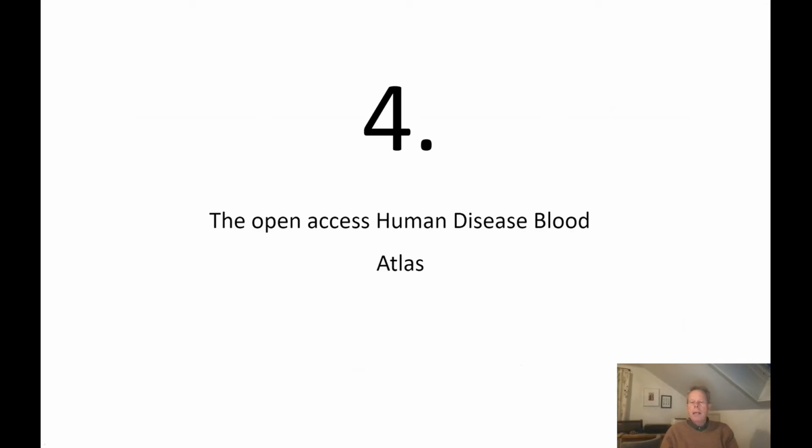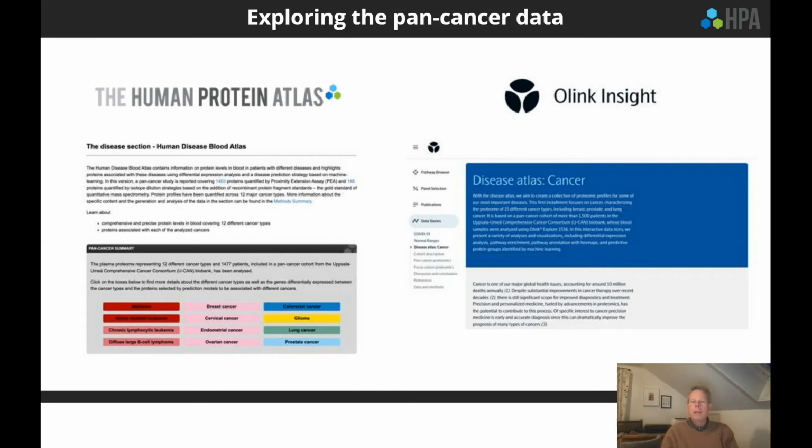So with that, I just want to say a little bit about the open access Human Disease Blood Atlas. So I hope that you all will go to this. This is at proteinatlas.org, but we also have the data presented in the Olink Insight that was mentioned by Dave earlier.